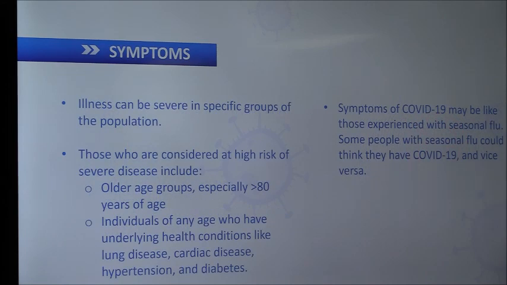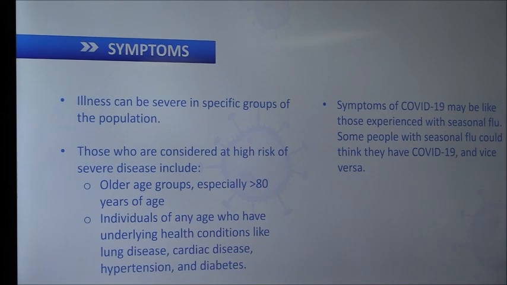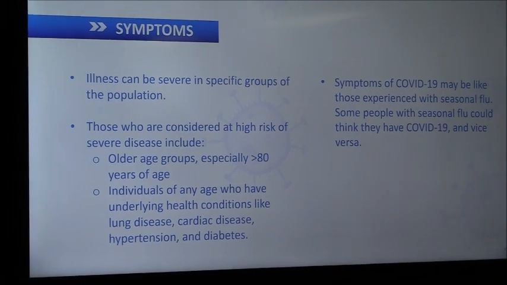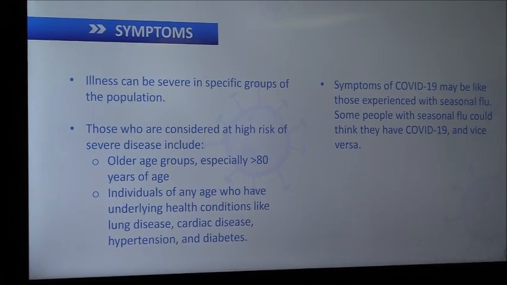The illness can be severe in specific groups of the population. Those who are considered at high risk of severe disease include older age groups, especially 80 and older, and individuals of any age who have underlying health conditions like lung disease, cardiac disease, hypertension, and diabetes.